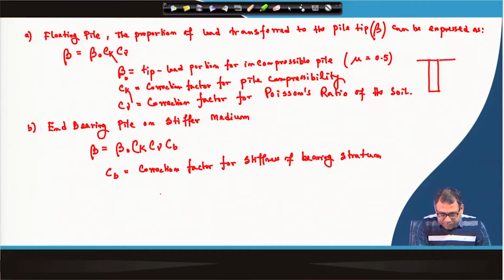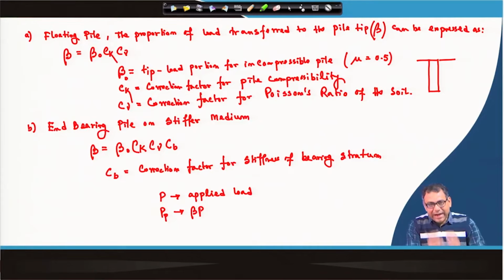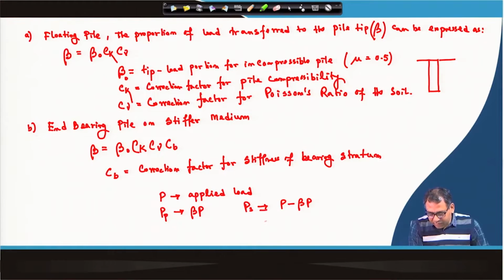So, if P is the applied load, then P p will be equal to beta into P, because that portion of the load is transferred to the tip. Okay. And then P s, that is the friction, will be equal to P minus beta P. So, that will be equal to P into 1 minus beta.